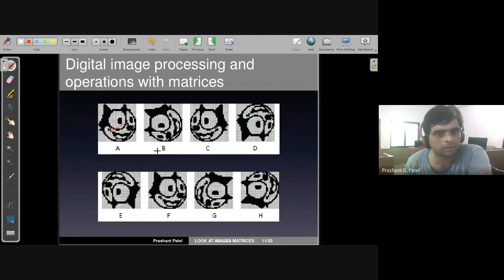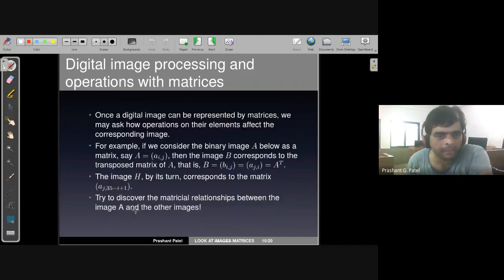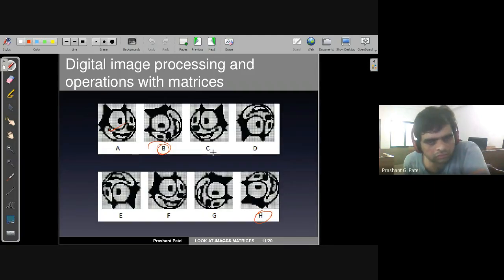You understand? B can be obtained by just taking whatever the rows are here and making them columns, and we got B. The H we have obtained from this operation. Now, this is your exercise: to obtain how we obtained the other images, C, D, E, F, G. That you can find out by yourself.